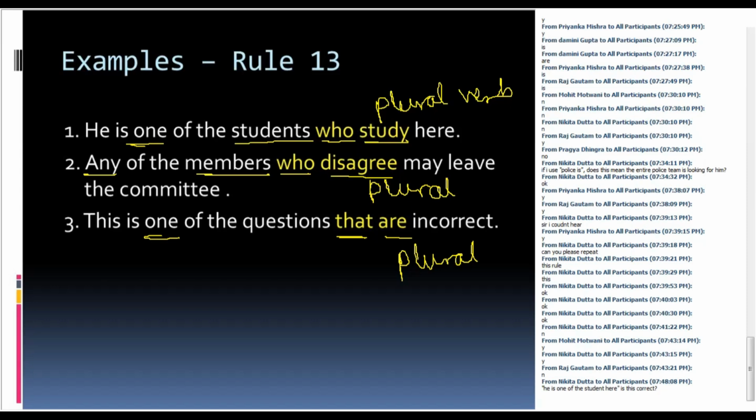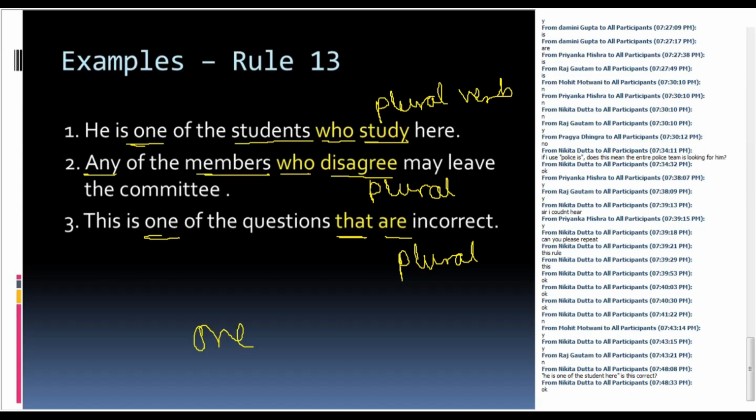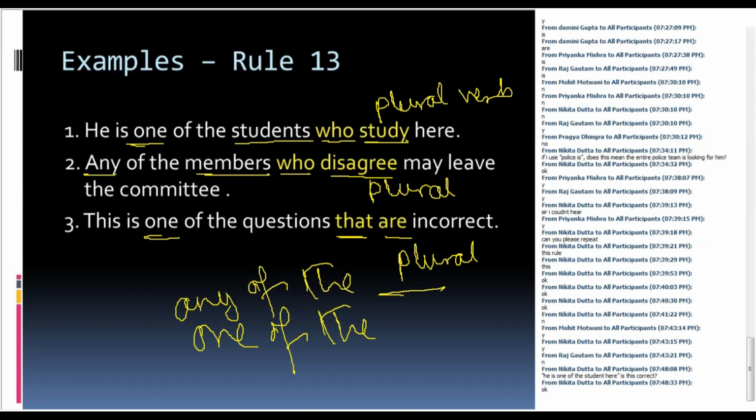He is one of the student. He is one of the students should be the correct form. After one of the, or any of the, whatever subject comes cannot be singular. It has to be plural always. He is one of the students here.